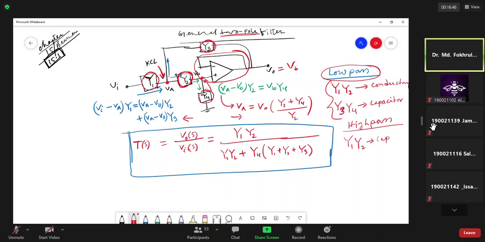Why should these be capacitors? Because at low frequency the signal should be blocked. And Y3 and Y4 should be conductances to produce two poles.